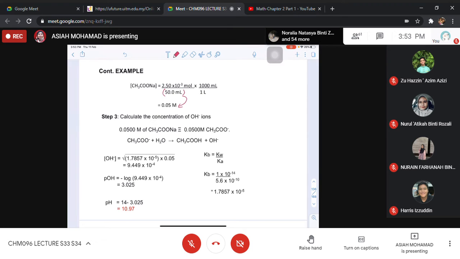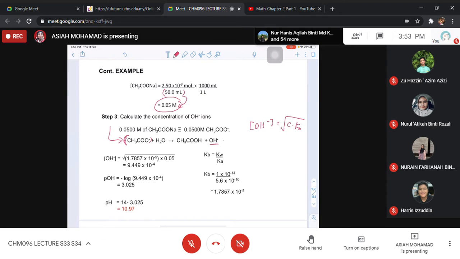Okay, construct this equation to show that this ion further hydrolyzes to produce OH minus and CH3COOH. After you construct this, you can use the formula OH minus is equal to square root of C times Kb. C is the one that you calculated for salt.